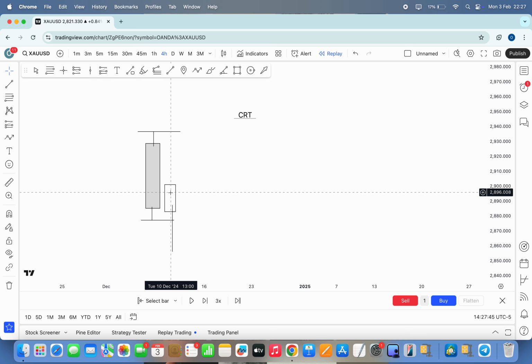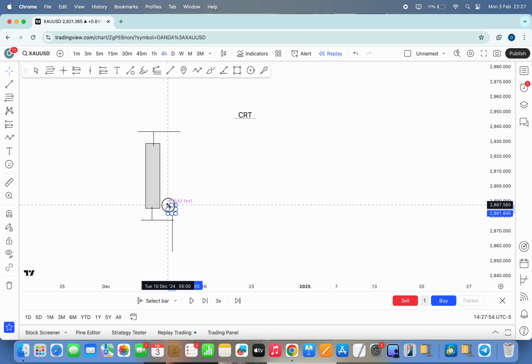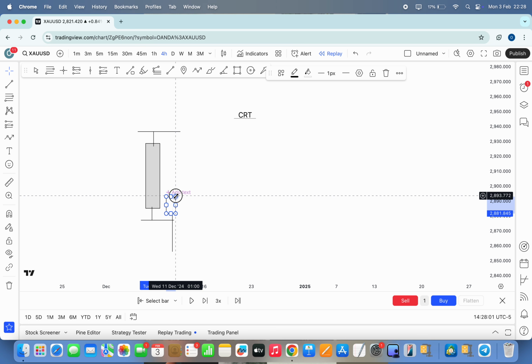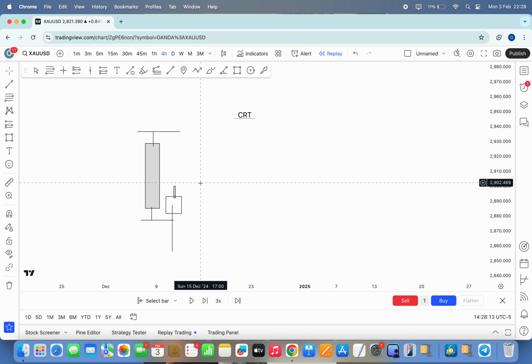We're going to use it as the CRT candlestick. Since it was bullish, remember I taught you about open, high, low, close. A bullish candlestick opens, goes low, then goes high and closes. So this one did the open, low, high, close, then closed leaving a wick, which created a CRT over here. As easy as that, we are able to identify our CRT.